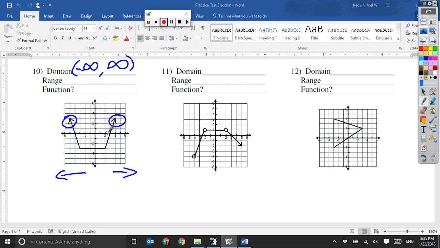For range, it is up and down. The lowest I can go is that line right there, which is at -3, and it touches there, so I'm going to put a bracket. It goes up forever, so comma, infinity. And if I asked if it was a function or not, I draw a bunch of vertical lines. None of them would touch more than once, so yes, it is a function.